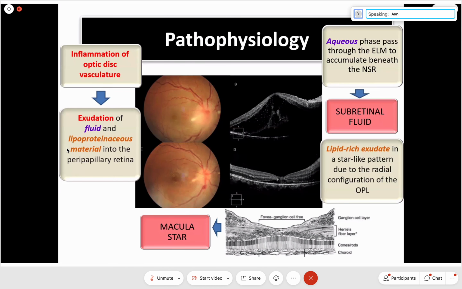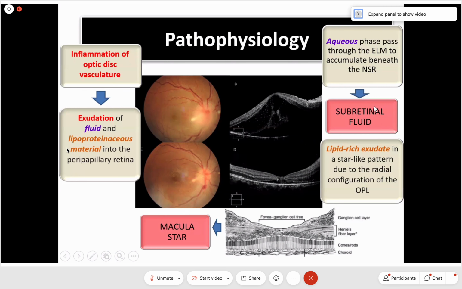This is a bit detail about the pathophysiology. When there is inflammation of the optic disc vasculature, there will be exudation of the fluid and also the lipid and protein material to the peripapillary retina, causing macular edema. Later on, the fluid or the aqueous will pass down through the ELM, going to subretinal layer, forming the subretinal fluid.